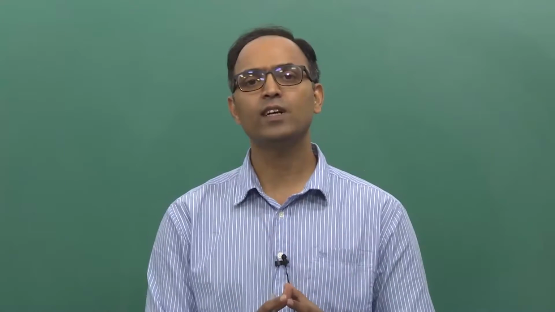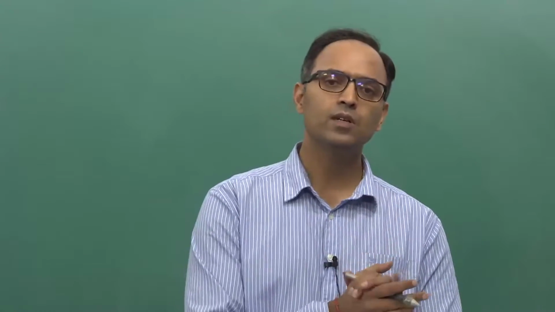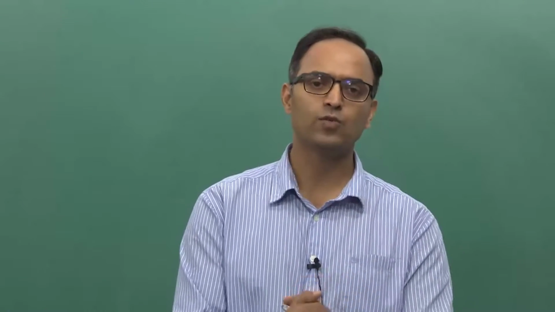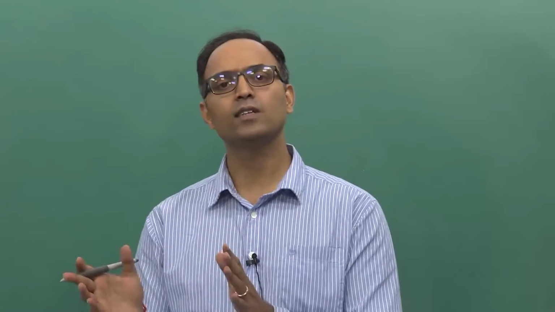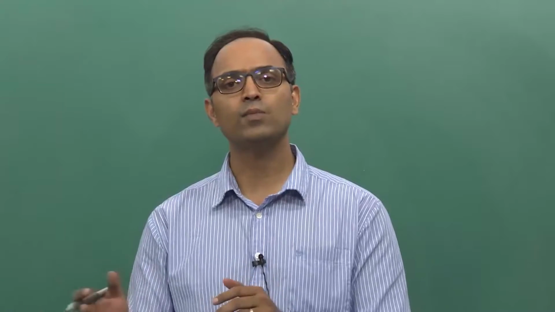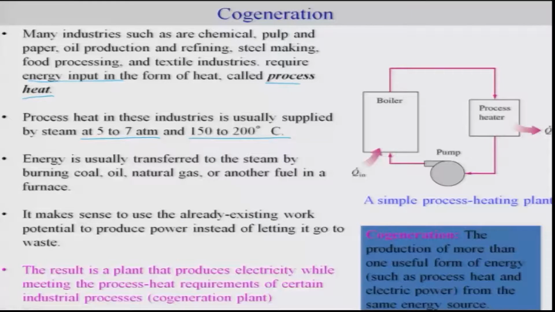Some part of that heat can be used as an input to other requirements, and this is what we call process heat, where you don't throw all the condenser heat to the environment but make use of it by transferring it to some other process requirement. So it makes sense to use the already existing work potential to produce power instead of letting it go to waste. This kind of combined effort in a plant is called a cogeneration plant.